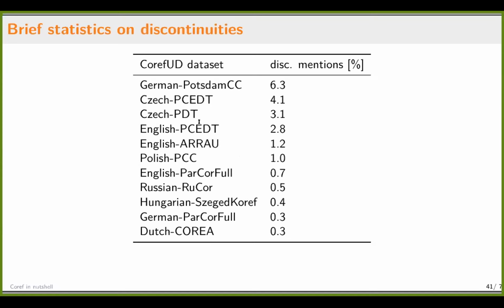So here are the resources, datasets sorted by the percentage of mentions which are discontinuous linearly. It should once again be noted that this is the linear one, so this is not influenced by the parsing, but in case of the datasets where the span was not annotated and we just guess it with heuristic rules, it could be influenced by these heuristic rules.